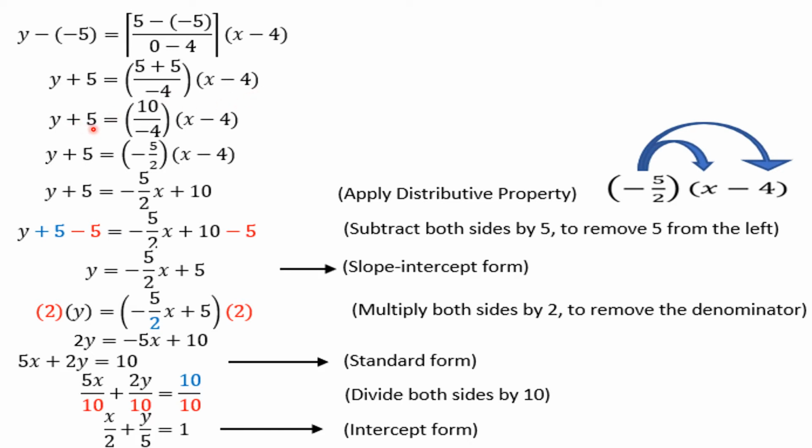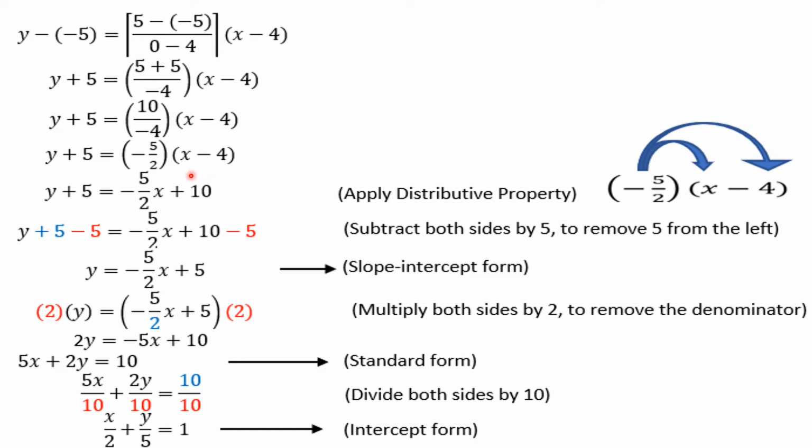So you simplify: y plus 5 equals, 5 plus 5 is 10, over negative 4, then you still copy x minus 4. Then you simplify the fraction, 10 over negative 4, in lowest terms is negative 5 halves. So we have now y plus 5 equals negative 5 halves times the quantity x minus 4.